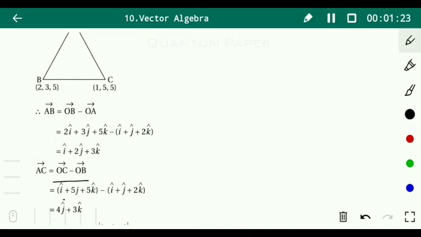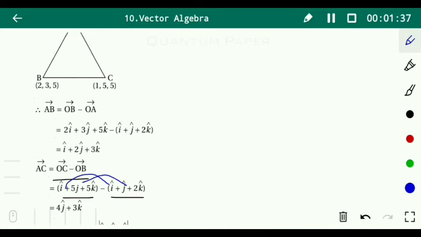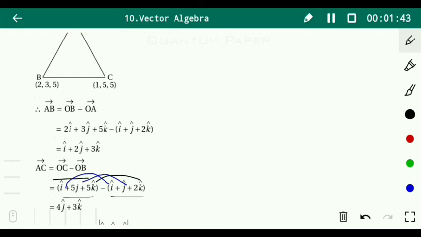So the value of OC is i plus 5j plus 5k minus (i plus j plus 2k). So first i minus i will be 0, so no need to write. Then 5j minus j will be 4j, and 5k minus 2k will be 3k. So the value of AC will be 4j plus 3k.